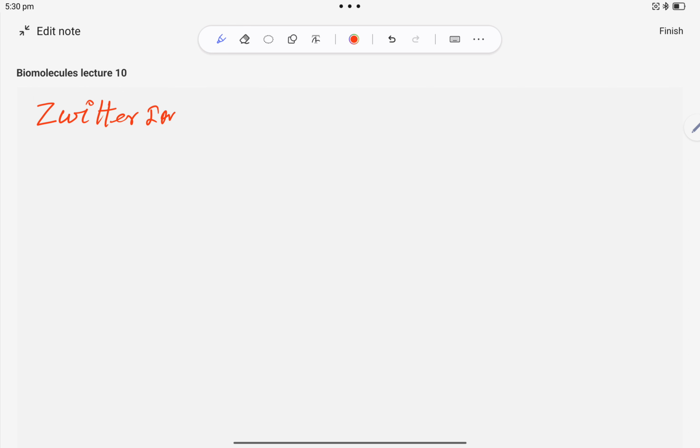In the case of zwitterion, children, what is zwitterion? R CH COO minus and here NH3 plus. This kind of species is called zwitterion. Now we are going to discuss the three states of zwitterion.